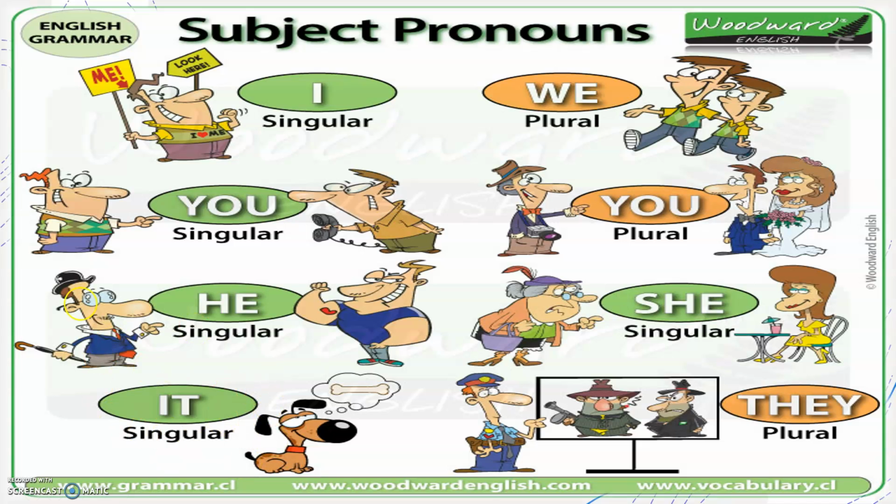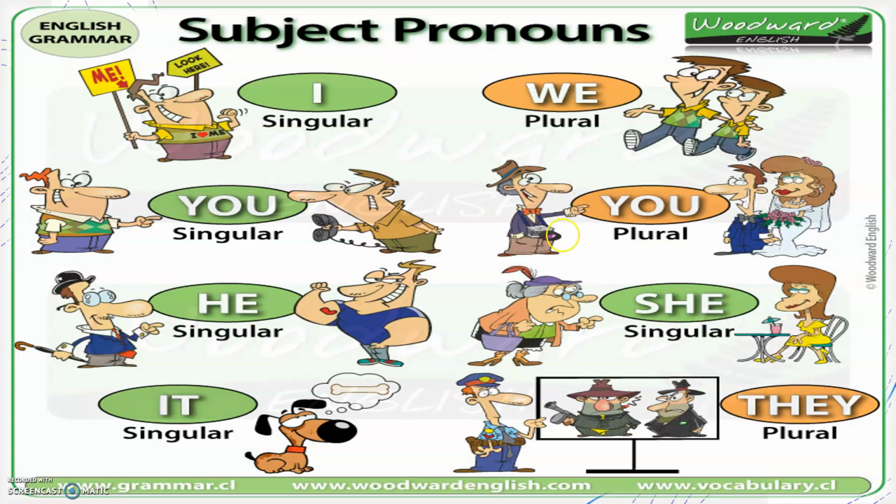For example, in this case, it is a dog, because a dog, of course, is not a human. Now if you see these green dots or circles, these are singular subject pronouns, because all of these refer to just one person.